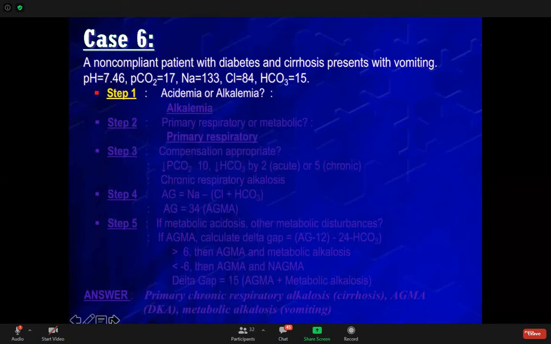So what's step number two? Exactly. Is this metabolic or respiratory? What do you think is going on?